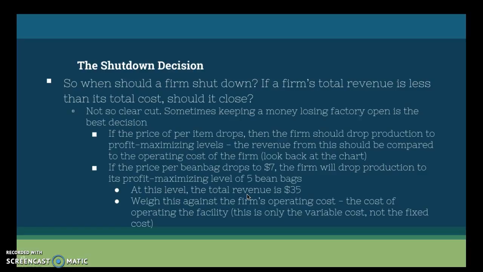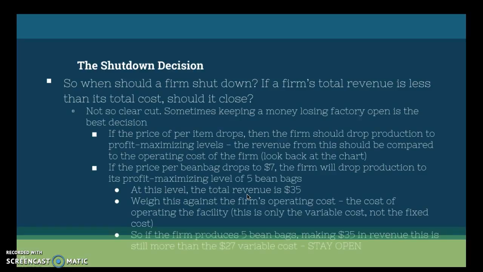But our operating cost is only reliant on those variable costs, the fabric, the stuffing, the thread, those sorts of things. If we're not making any beanbags, that's our fixed cost. So we only look at the variable cost when talking about the operating cost because we're actually operating with that. If we're not operating, we still have to pay the fixed cost. So our variable cost is only the operating cost.